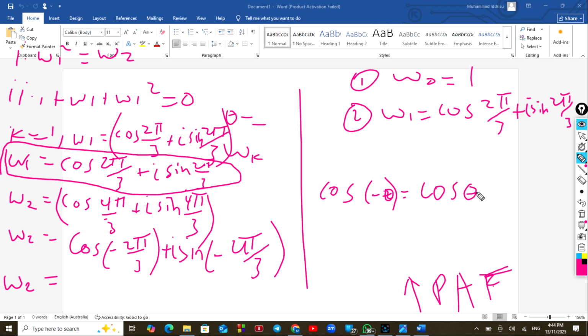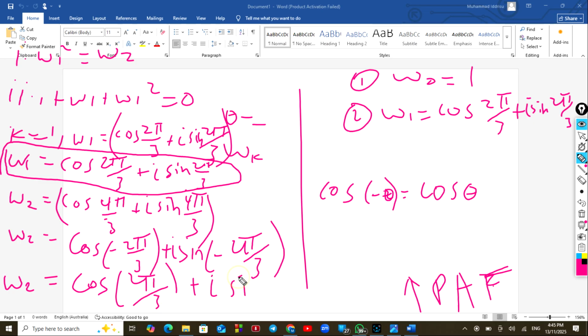So this is the same thing. So cos of 2 pi over 3 plus I sine, and sine is an odd function. So if I have sine of negative theta, it is the same as negative sine of theta.